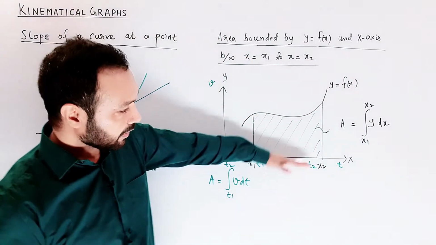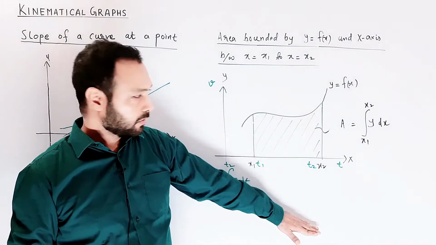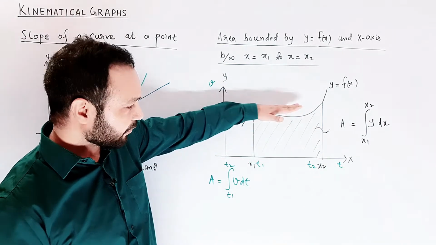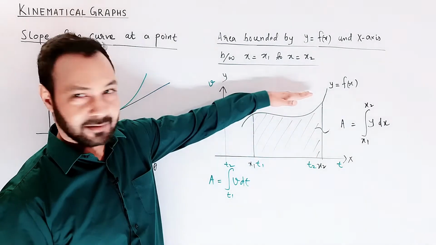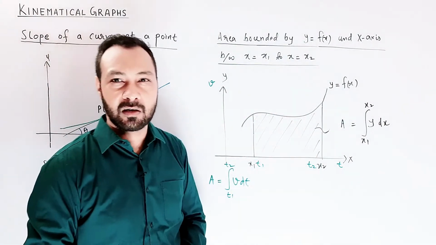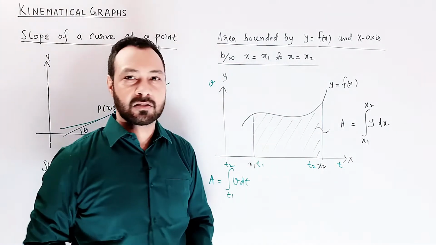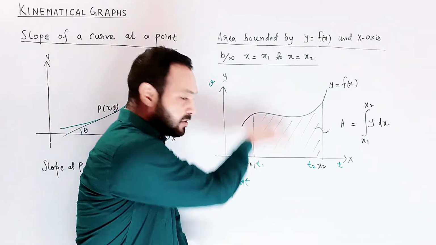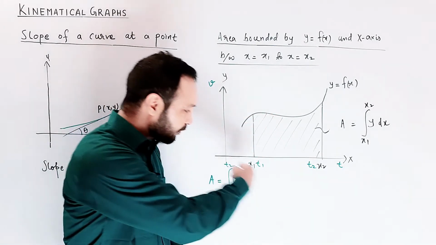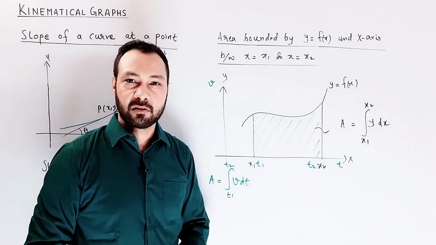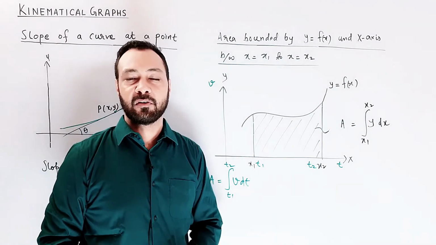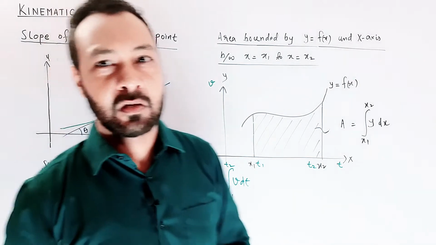So this area can be positive or negative. If the graph is above the horizontal x-axis, then the area bounded by the graph and the horizontal axis will be positive, because then y is positive, and if the graph is lying below the horizontal axis, then the area bounded by the graph and the horizontal axis will be negative.